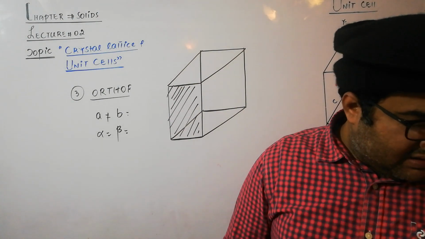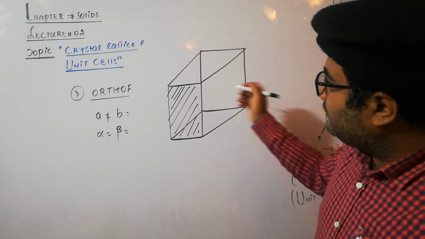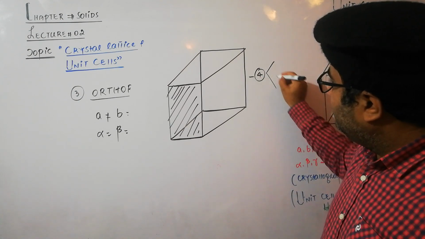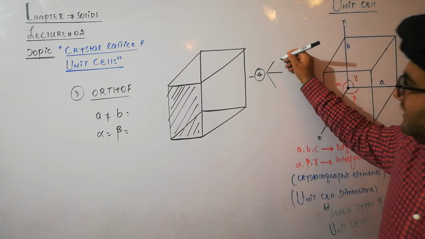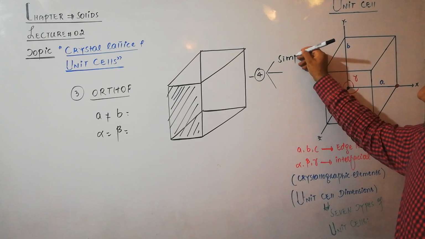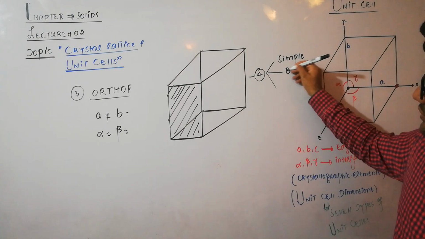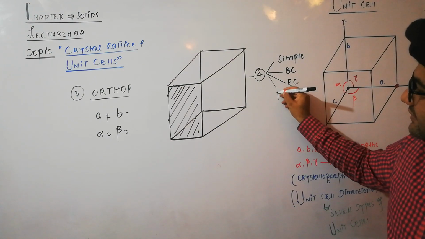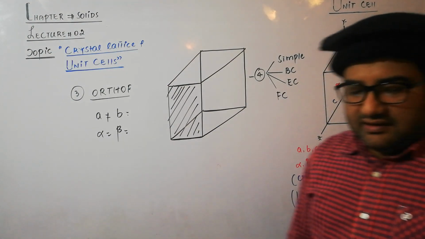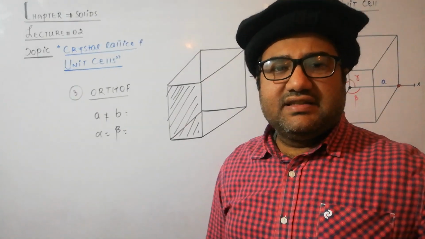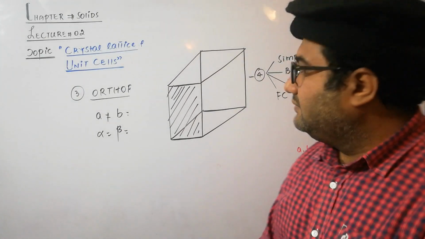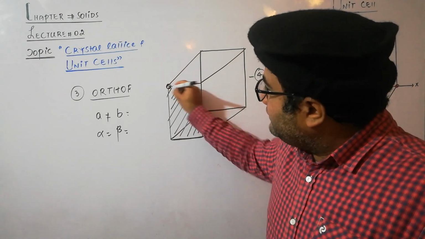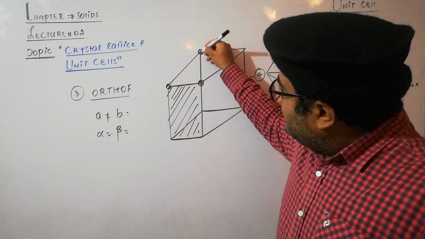Now, how many Bravais lattices does this orthorhombic type have? It has 4 Bravais lattices. What are those 4? One is the simple, second is the body centered, third is the end centered, and fourth is the face centered. I have already explained these in detail, but I am repeating that in case of simple, there will be lattice points only at corners.